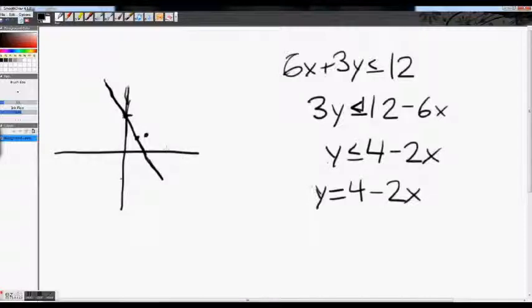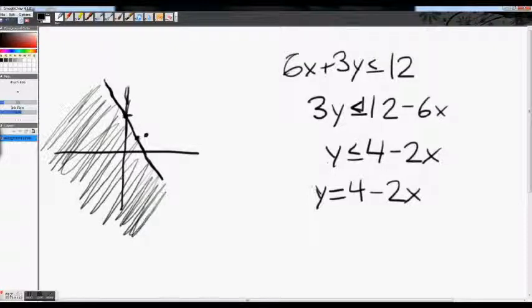Now we have to take care of the y is less than or equal to. So what we're going to do is shade the half plane below the line.